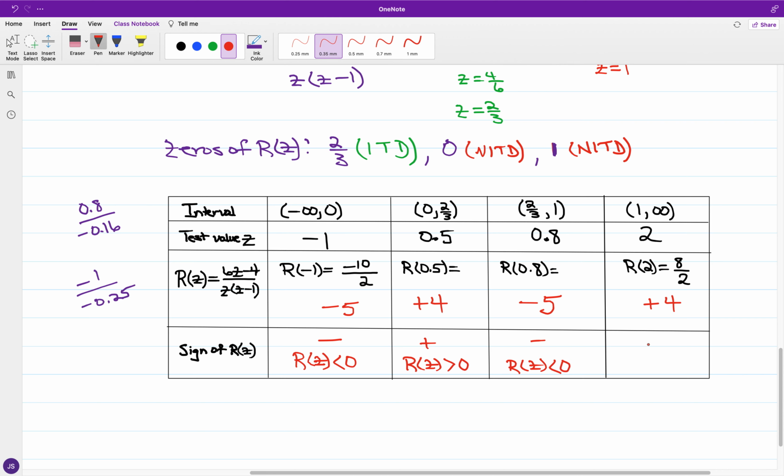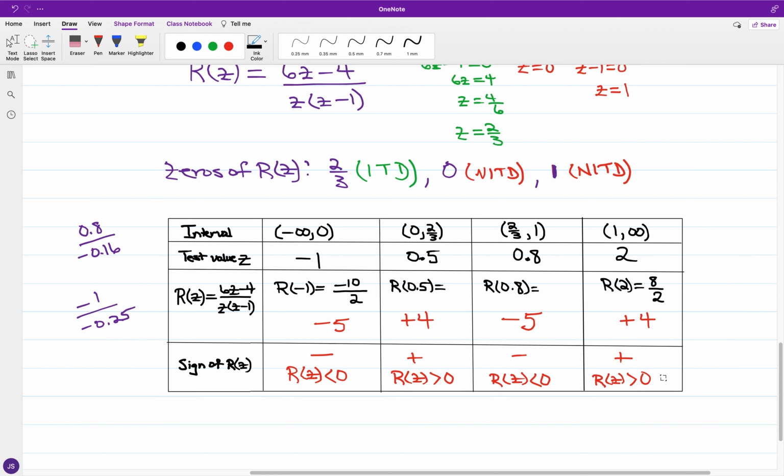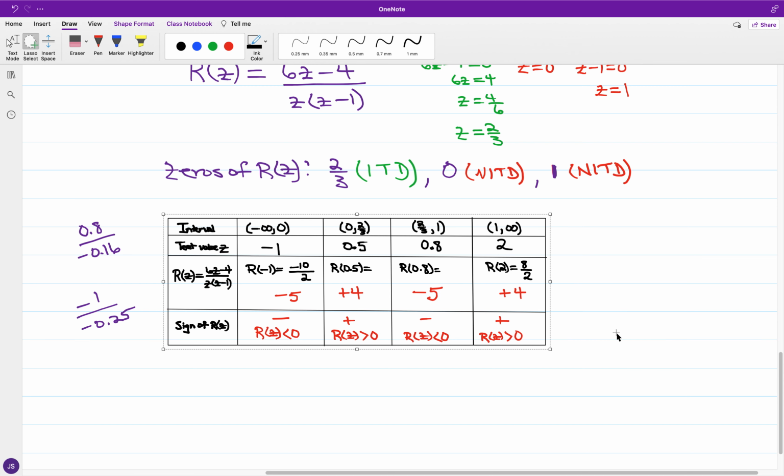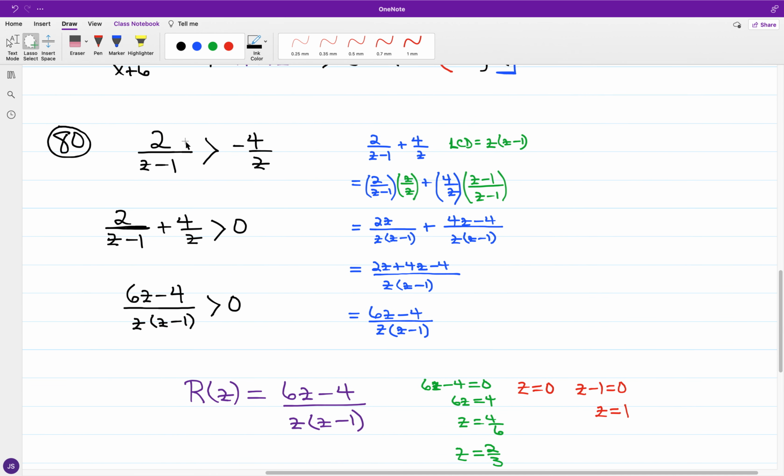And for values of z greater than 1, the output is going to be positive, so r of z is greater than 0. And just taking what we have, once again, we started out with this inequality.